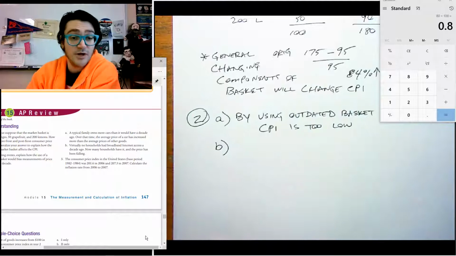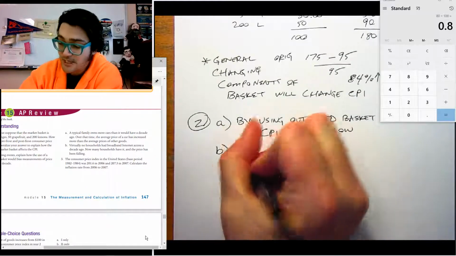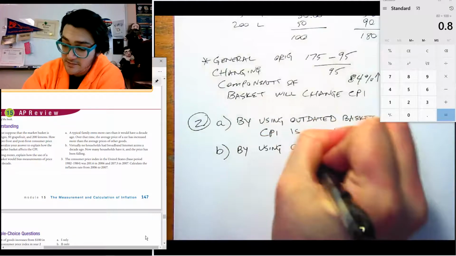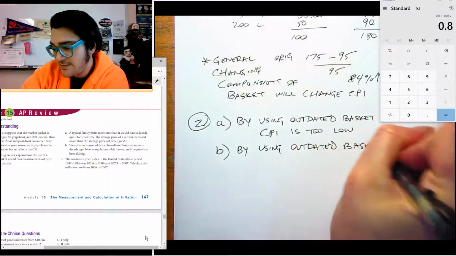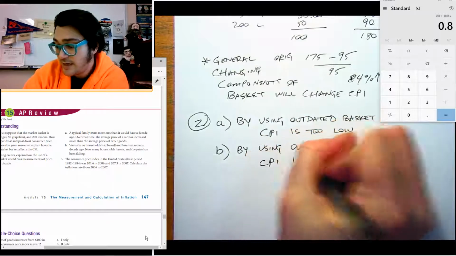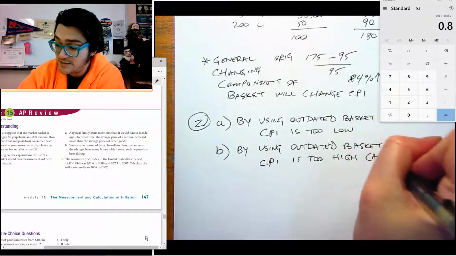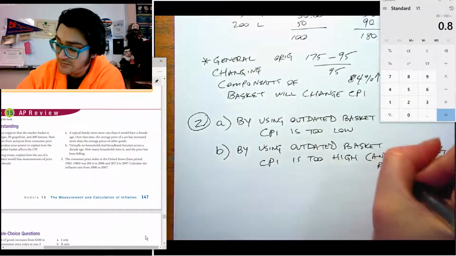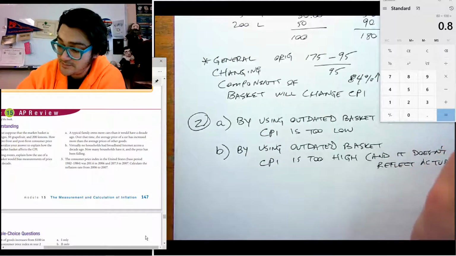Virtually no households had broadband internet access a decade ago, but now many have it, and the price is really low. It's falling. And so by using an outdated basket, once again, in this case, the CPI is too high because it doesn't reflect actual spending.